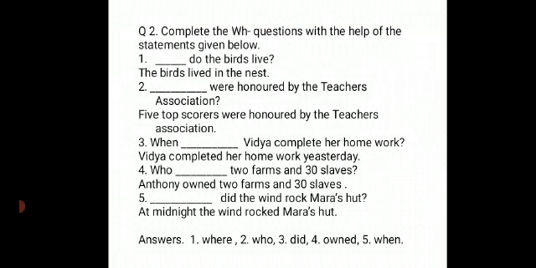Last one is, dash did the wind rock Mara's hut? At midnight the wind rocked Mara's hut. Now time is there, midnight. So you want the answer, so you will be asking the question when. When did the wind rock Mara's hut?